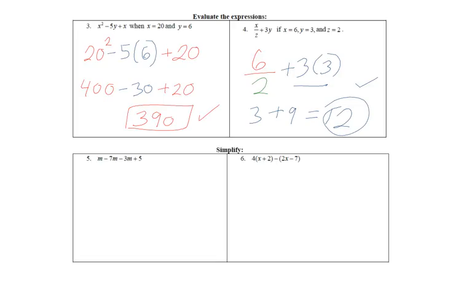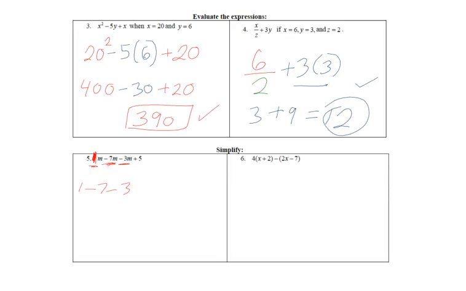Okay, question 5. What I'm interested in is like terms that have the same letters. Like negative 3m, negative 7m. And this m, which is really 1m. First, let's do 1 minus 7 minus 3. Well, 1 minus 7 is negative 6.